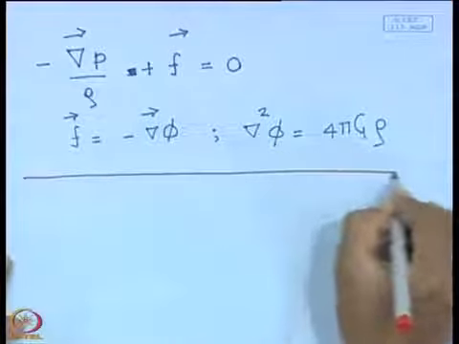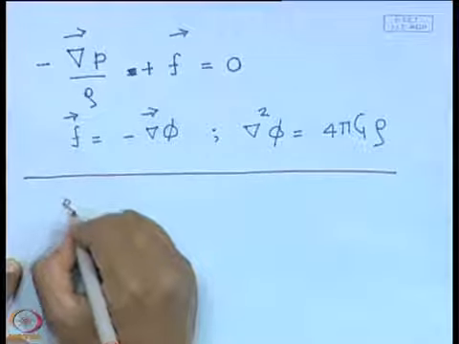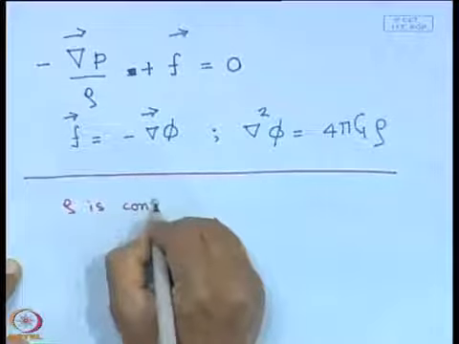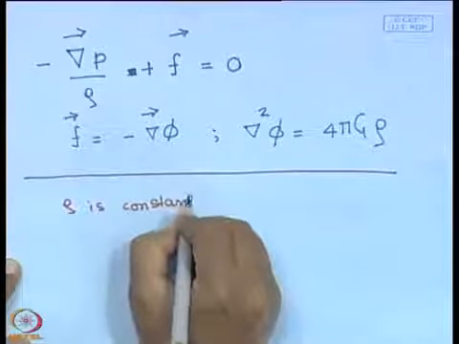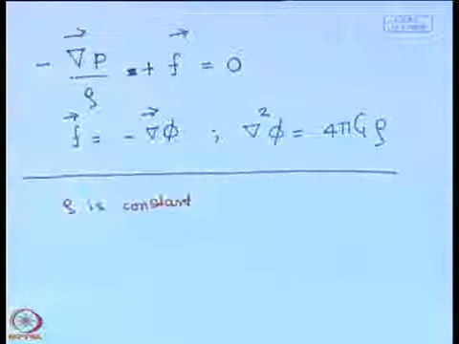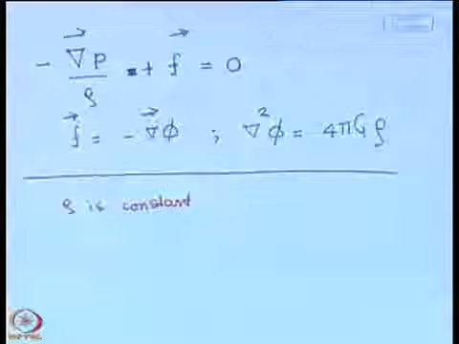So, we are going to make the simplifying assumption that rho is constant. It is a rather simplifying assumption, but we can make some progress with this.